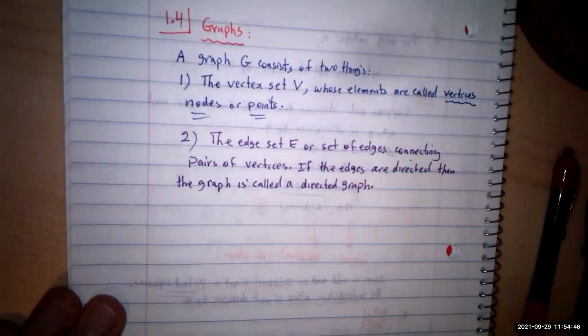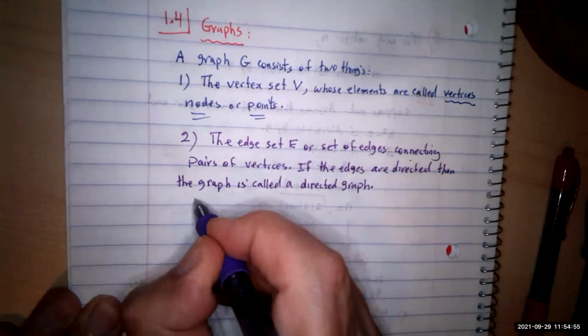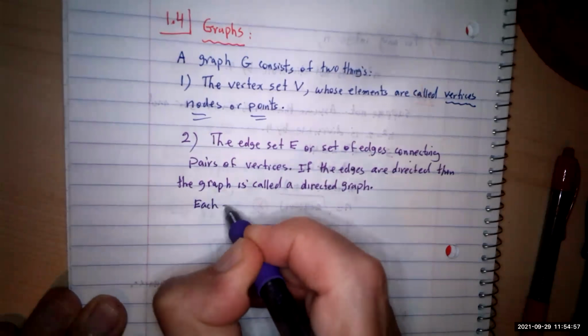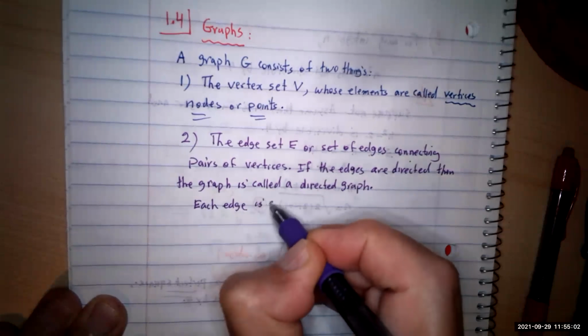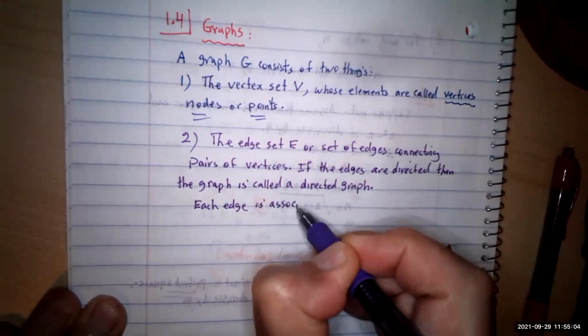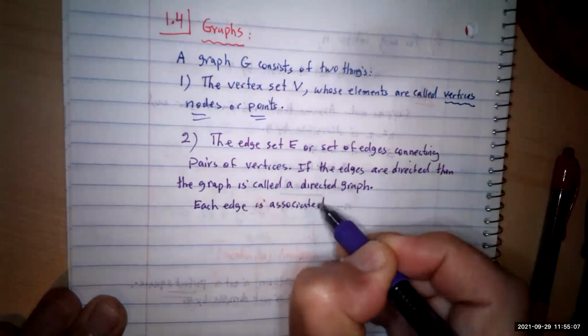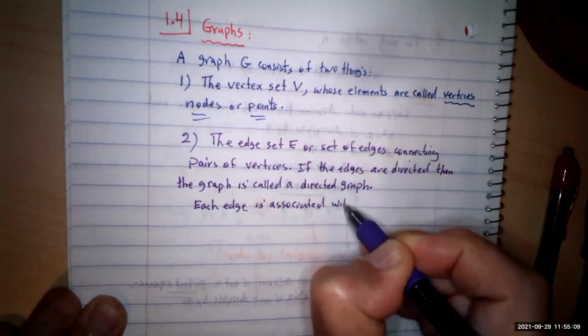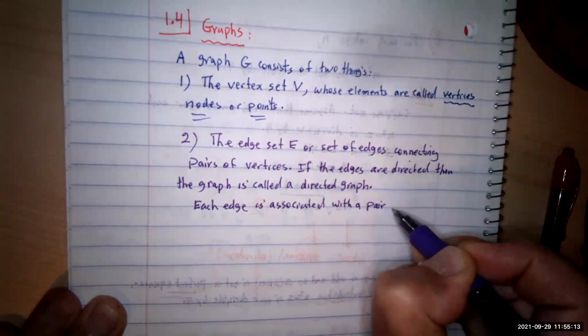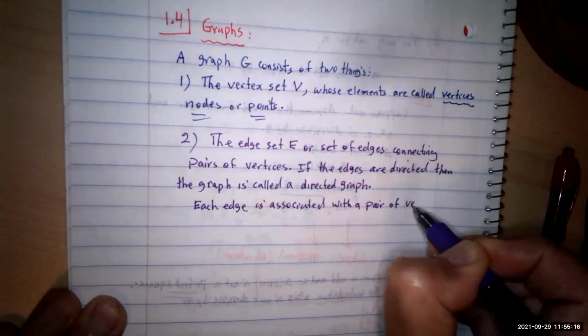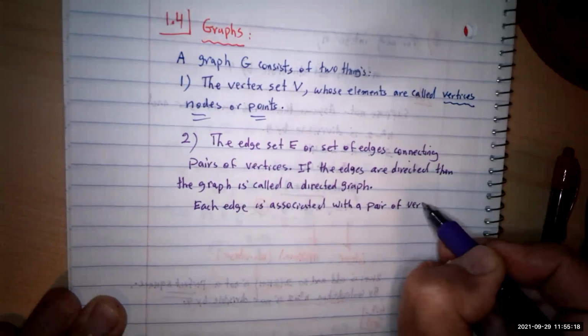Okay, that's going to be one. And of course, each edge, or each line, is going to be a connection between two vertices. So we have to say that each edge is associated with a pair of vertices.